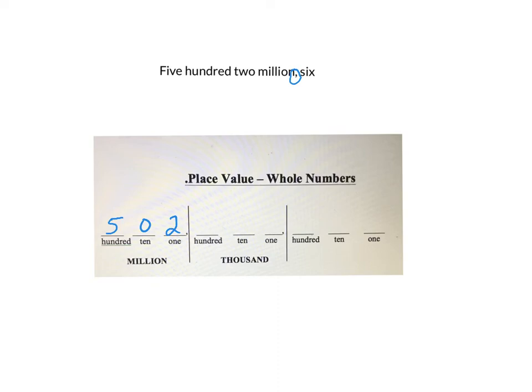Notice I don't have any thousands whatsoever, so I'm going to have 3 zeros. And then I also just have the number 6, which means I have 0 hundreds and 0 tens and 6 ones. So just written in standard form, 502 million would be this.